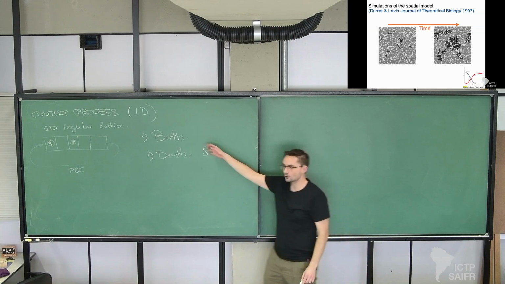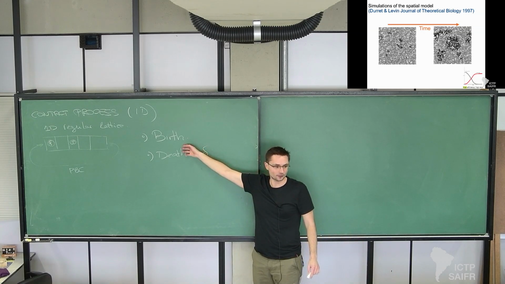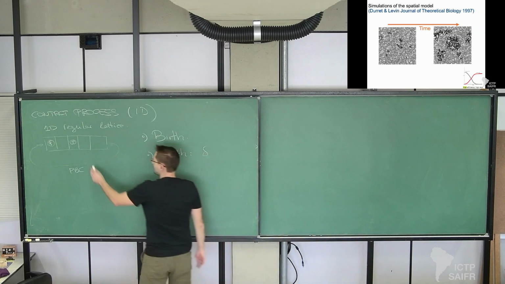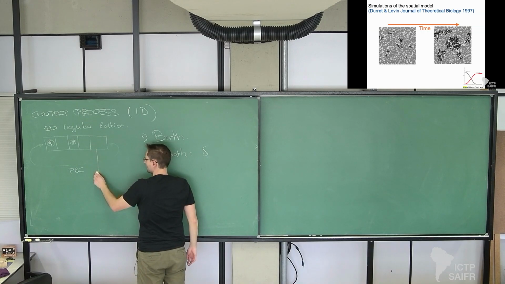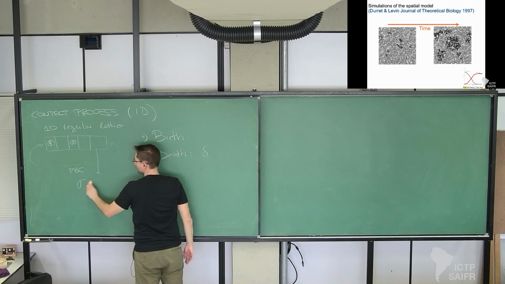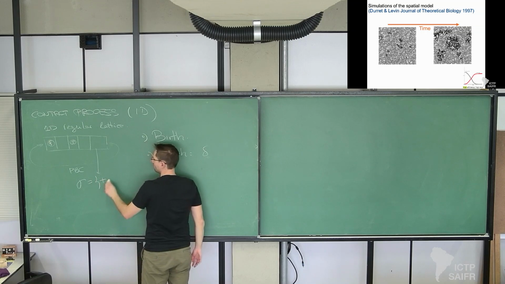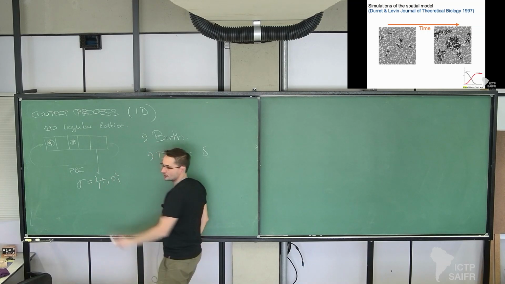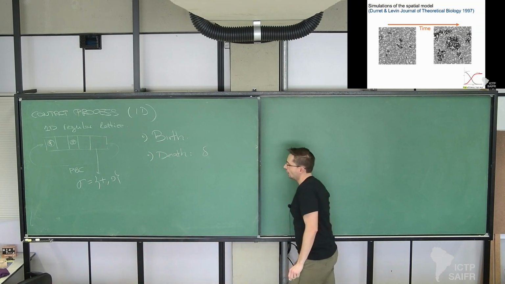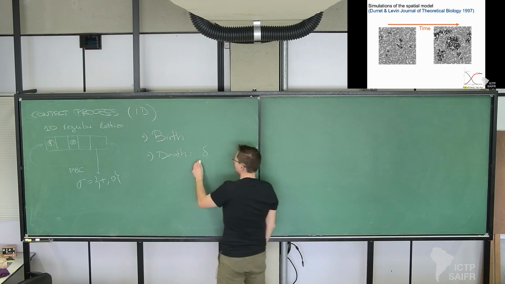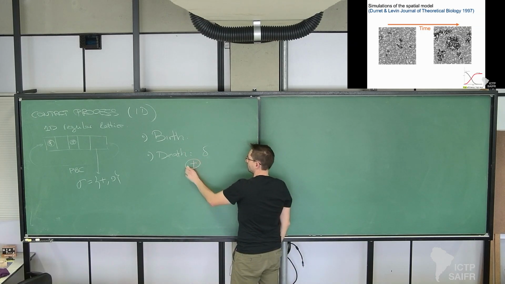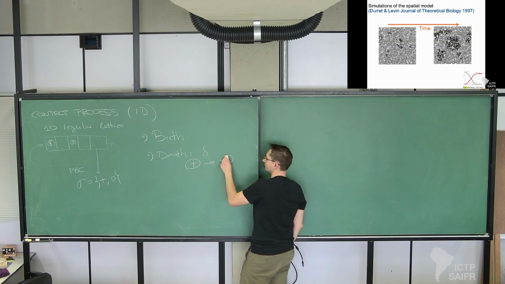And the birth is going to be a little bit more tricky, of course. So basically, each of these nodes can be in a state that I'm going to call plus and 0, occupied or empty. Occupied places go to empty at a rate delta.